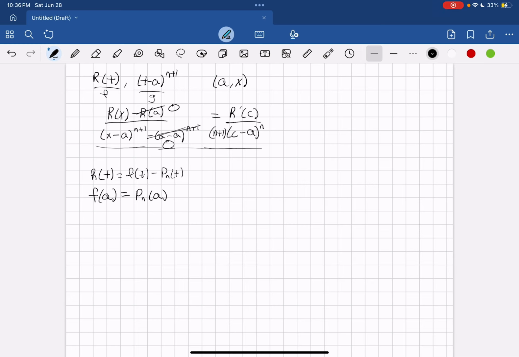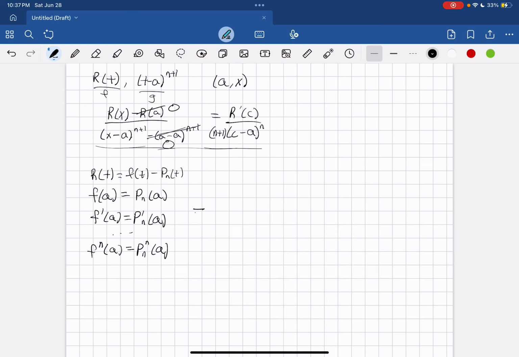And we can go further and say the derivatives f prime of a equals p prime of a. And this is true all the way to the nth derivative of f, which equals the nth derivative of p. This is all because of how a Taylor series is constructed.